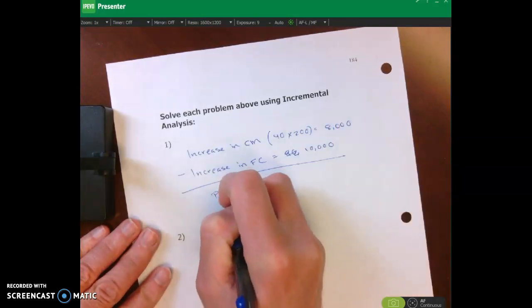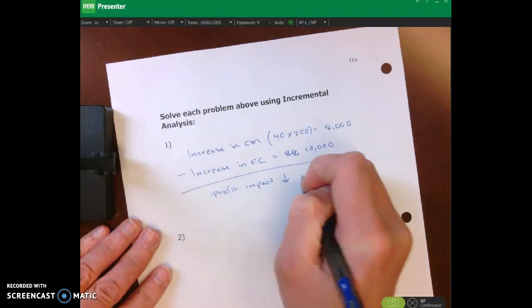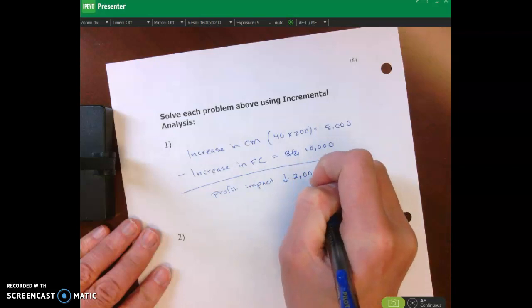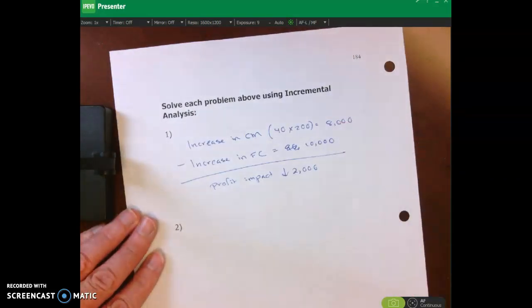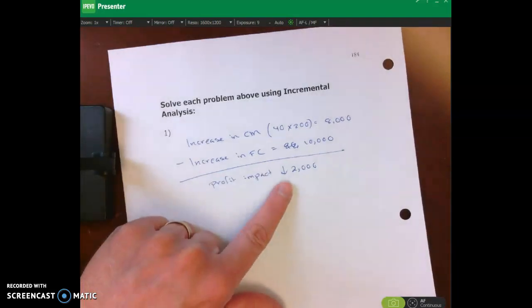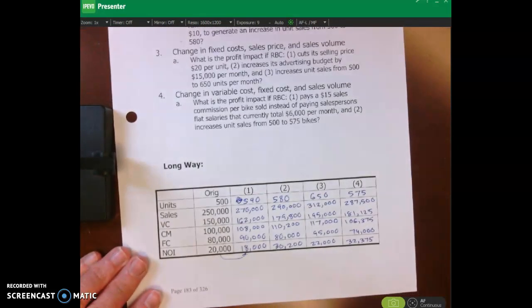That means the profit impact is a decrease of $2,000. 8,000 minus the 10,000 is negative 2,000, right? So profit decreased by 2,000, which you can also see by looking at those two right there.